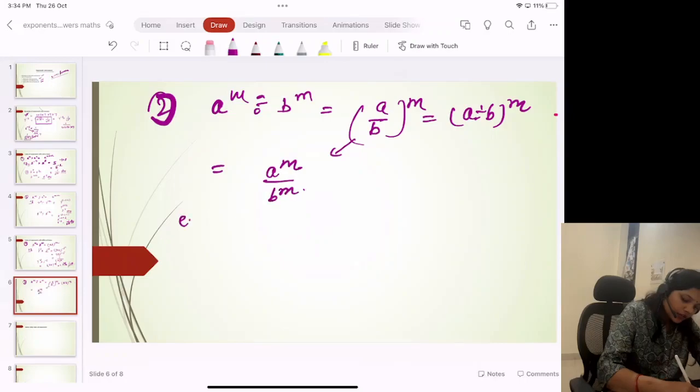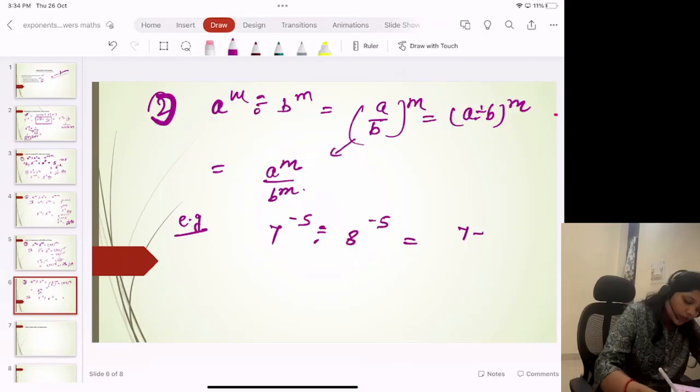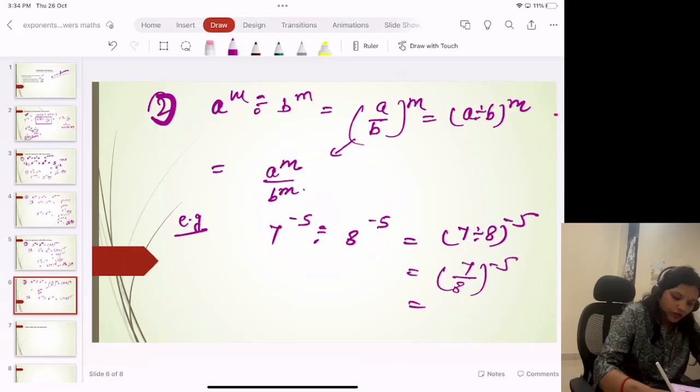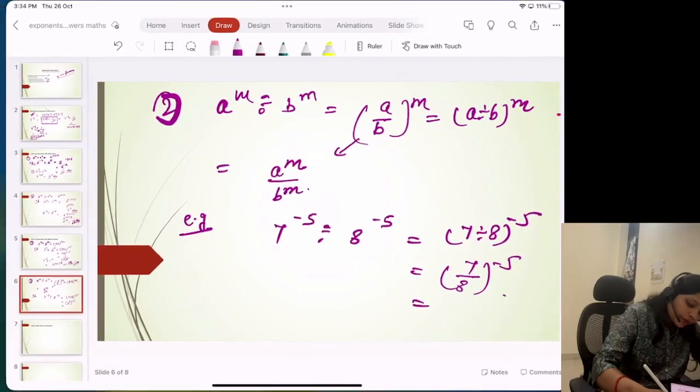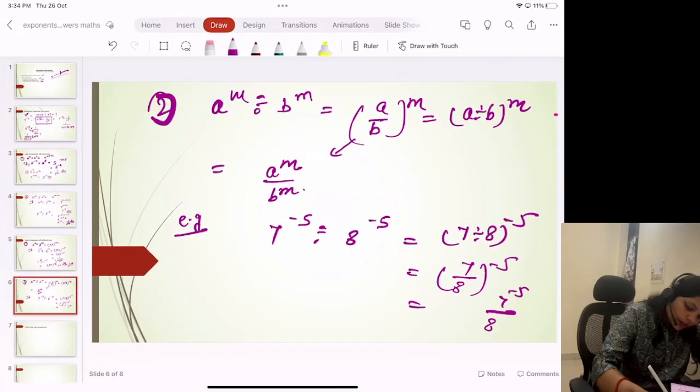Now, let us consider an example. Suppose I have written 7 to the power minus 5 divided by 8 to the power minus 5. So we can say 7 divided by 8 to the power minus 5, or 7 upon 8 to the power minus 5. This also means 7 is having minus 5, 8 is also having minus 5.